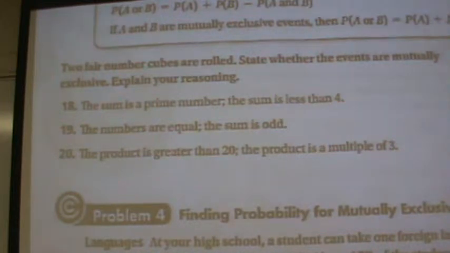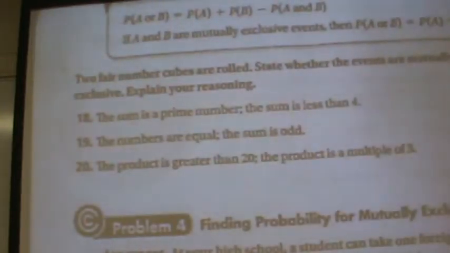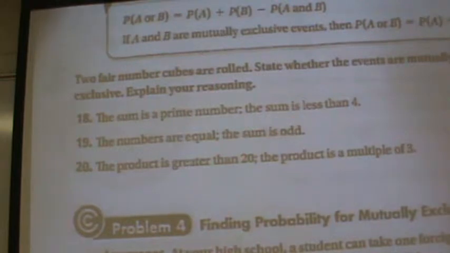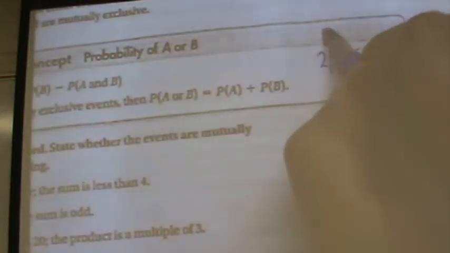How about 18? If you were to roll 2 dice, can you get the sum to be a prime number? Let's talk about what is a prime number. 2, 3, 5, 7, these are prime numbers.